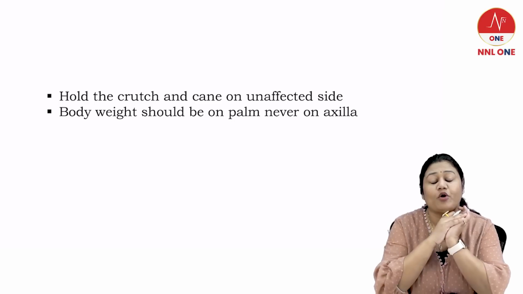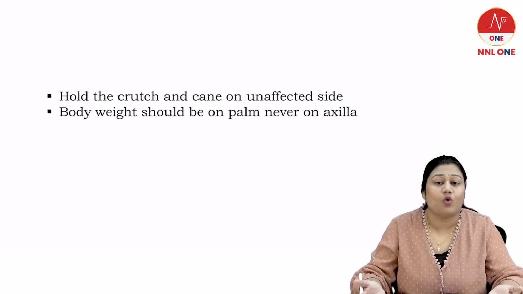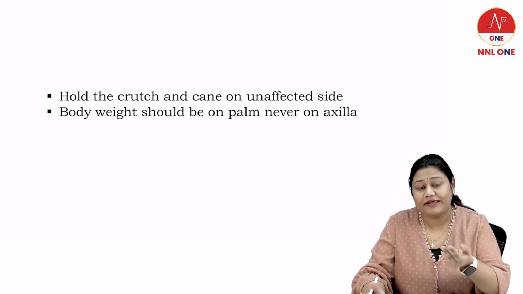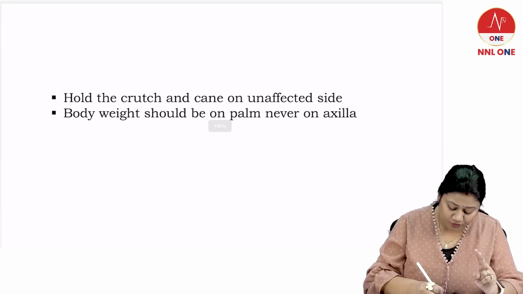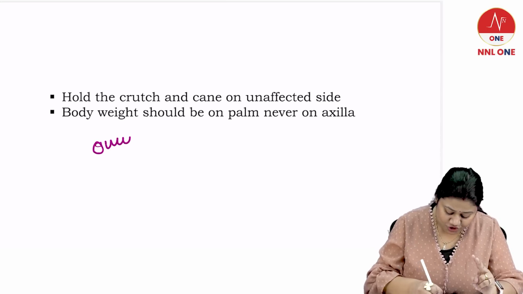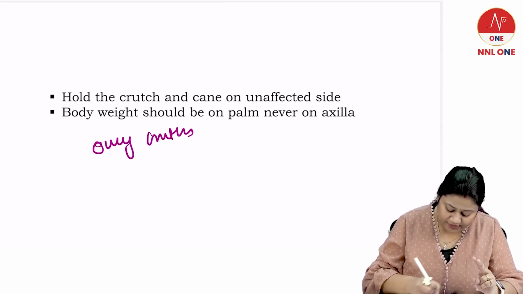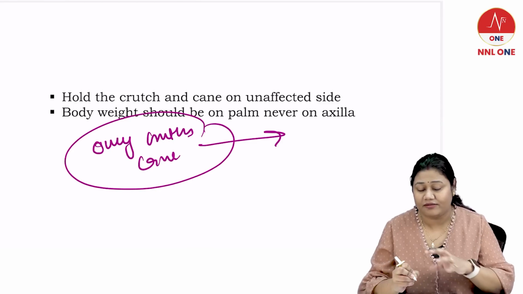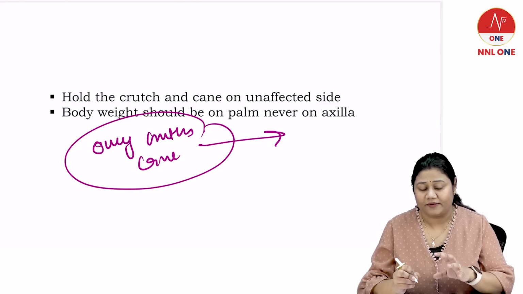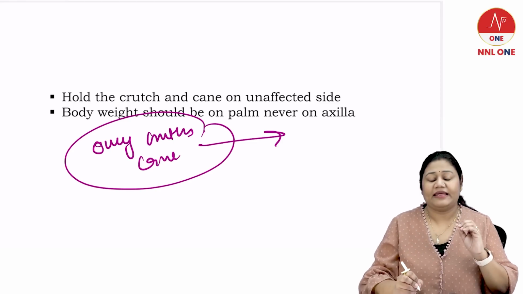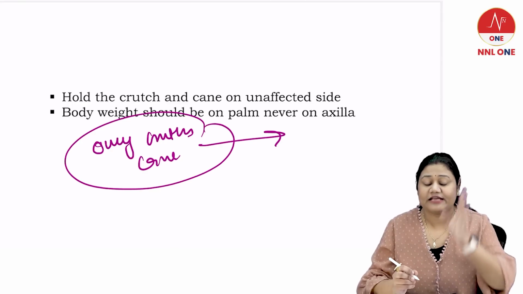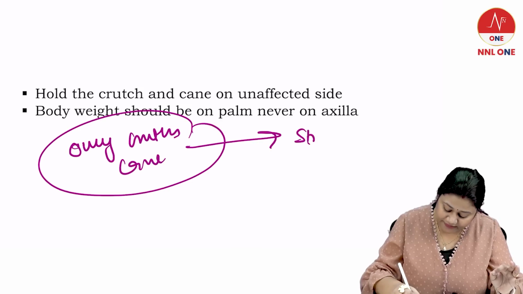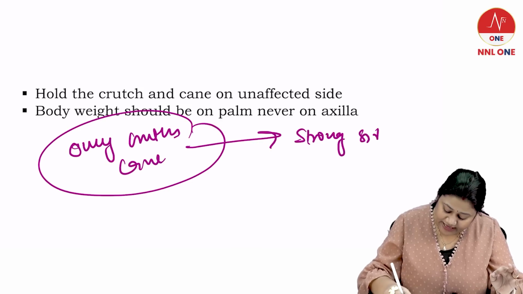Now another very important point of revision is where you will hold the crutch if in case you have to use only one crutch, or if you are using a cane. So if you are using only one crutch, or if you are using a cane, always hold it on the unaffected side or strong side of patient.